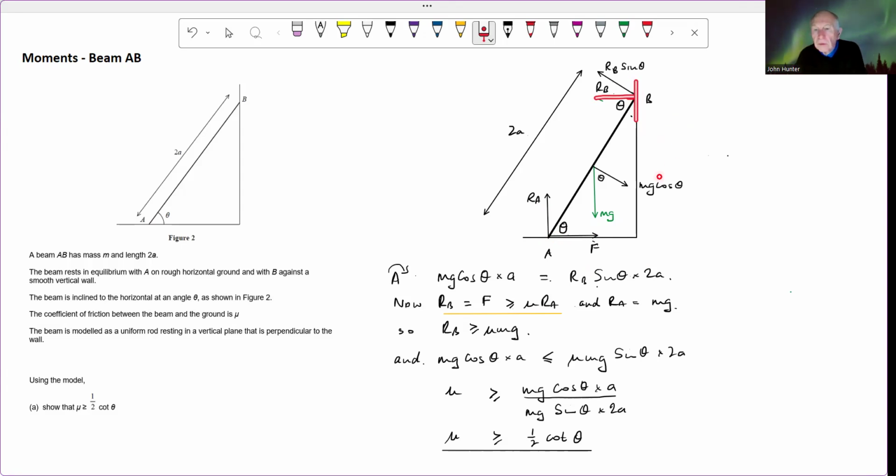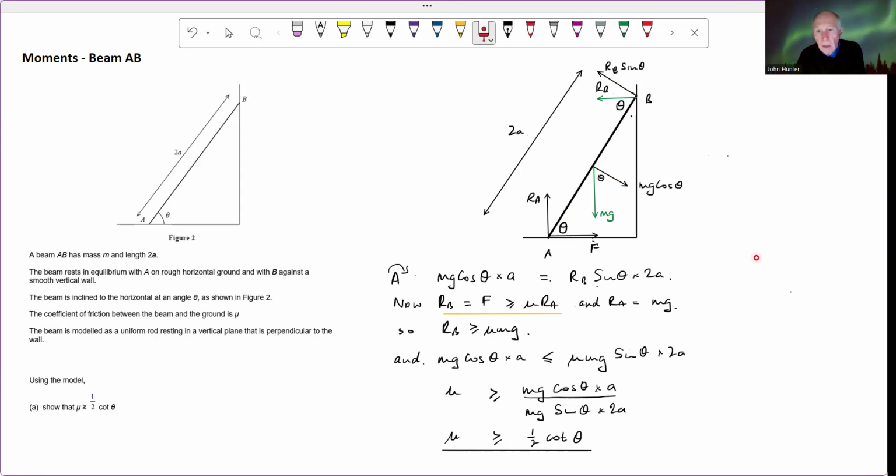Now, I've also drawn in the resolved parts of these two forces here, because then I know I'm going to be taking moments, about A in fact, so I'm going to need those perpendicular to the rotation.